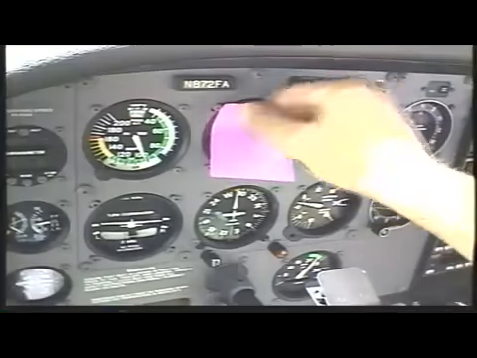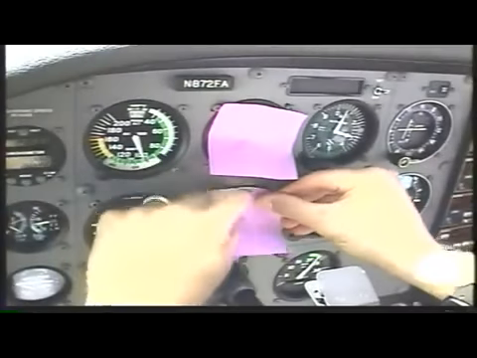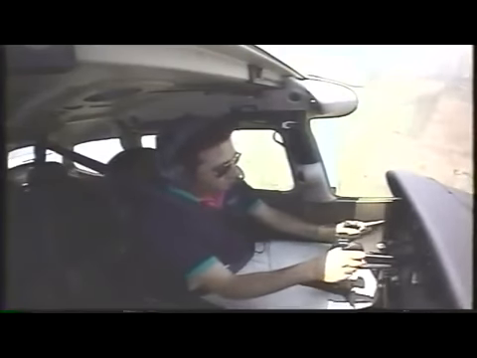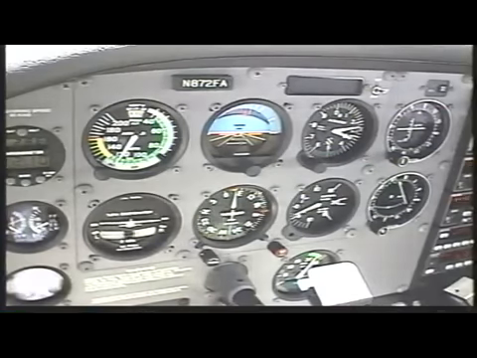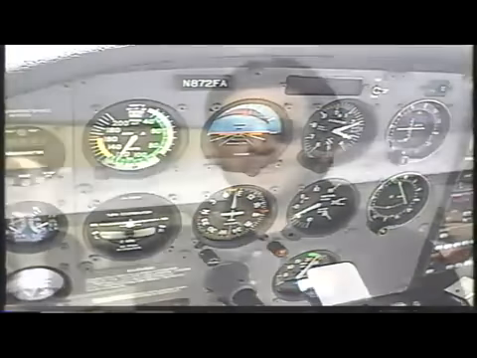If possible, cover up the inoperative instruments to avoid any confusion. Then declare an emergency. And be ready to fight off the illusions and false sensations associated with spatial disorientation. Scan, trust, and react smoothly to those instruments that are giving you accurate information about your flight condition.